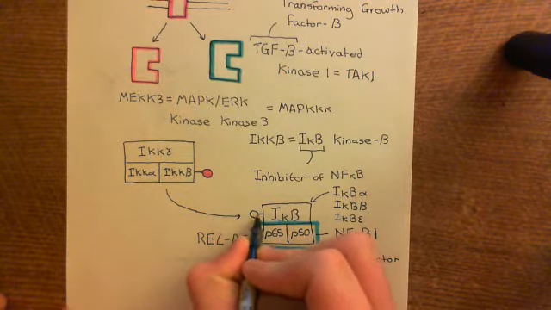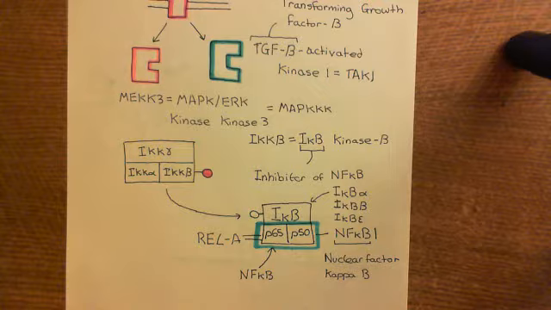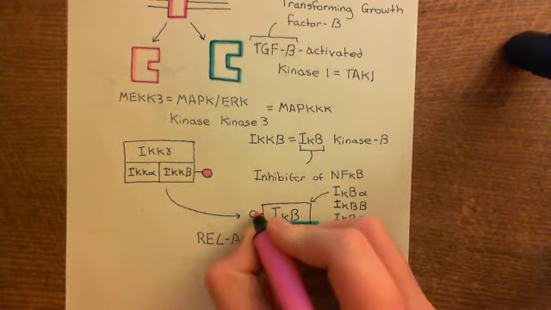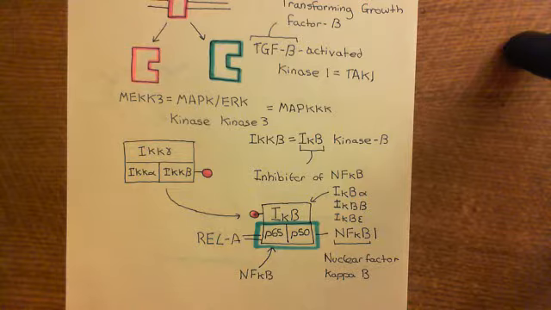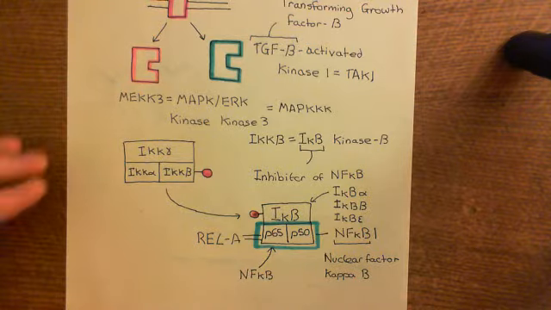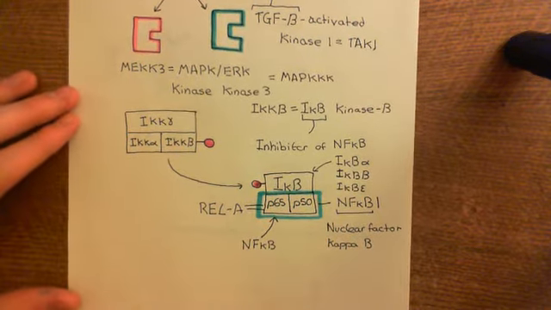And what's going to happen is this enzyme complex is going to phosphorylate the inhibitor of NF-kappa B protein. However, this does not cause the dissociation of the inhibitor of NF-kappa B from the NF-kappa B complex. Instead, what has to happen is you have to firstly ubiquitinate this inhibitor of NF-kappa B protein. So phosphorylation happens first, and then ubiquitination is going to follow that phosphorylation.